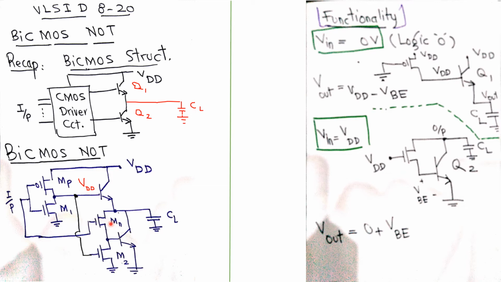But as we apply VDD on the base of this Q1 transistor, the base emitter junction becomes forward biased, and here we get a voltage that is VDD, the voltage at base, minus the voltage drop between base emitter junction, VBE.